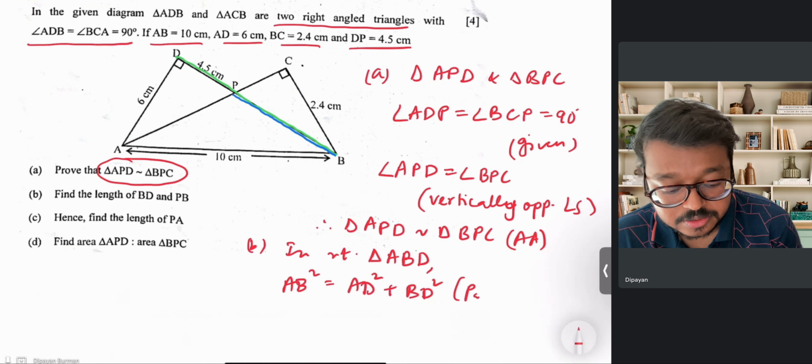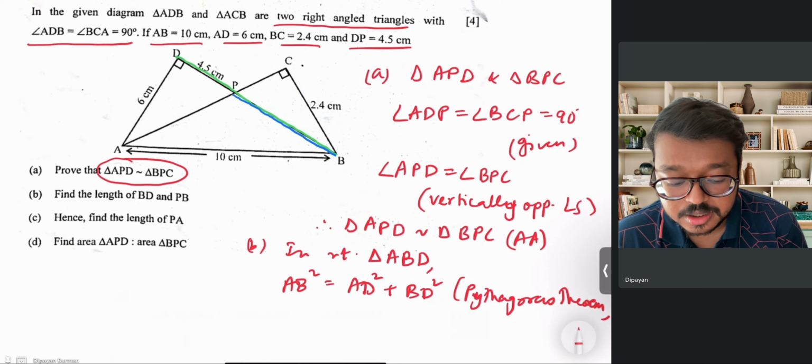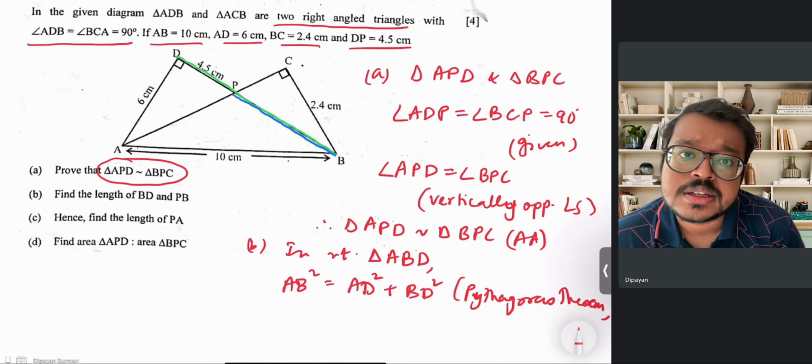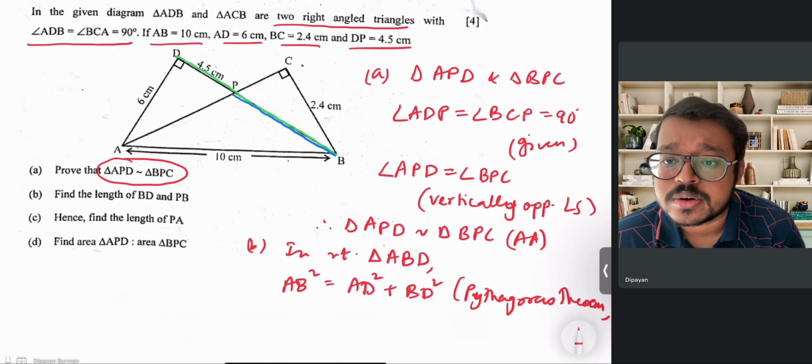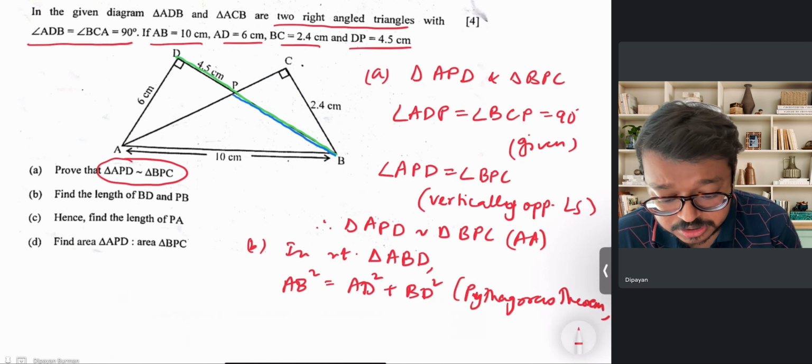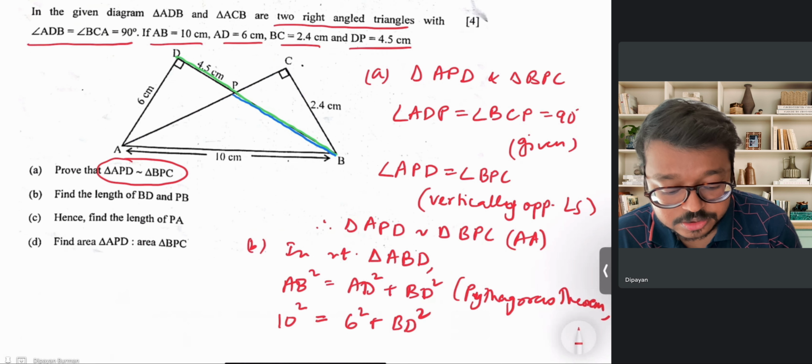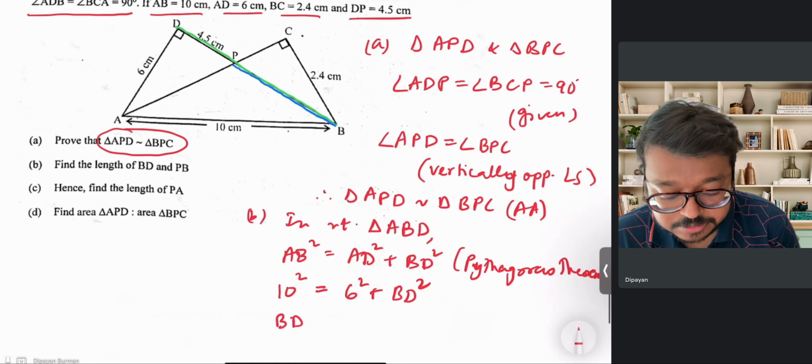And this is Pythagoras theorem. Alright, and even the numbers are a common Pythagorean triplet, so I can easily find out. So anyway, AB square is 10 square, that is equal to 6 square plus BD square. So if I simplify and write, BD must be equal to 8 centimeter.